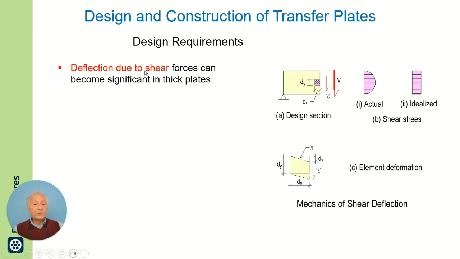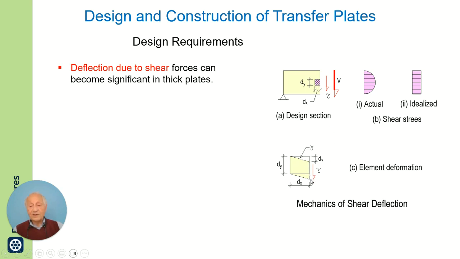Now, deflection due to shear can become significant in thick plates. If you look at the support region, you have shear force, and the shear force is carried at the face of the support by distribution of shear stress and deformation of each of the elements on the surface.